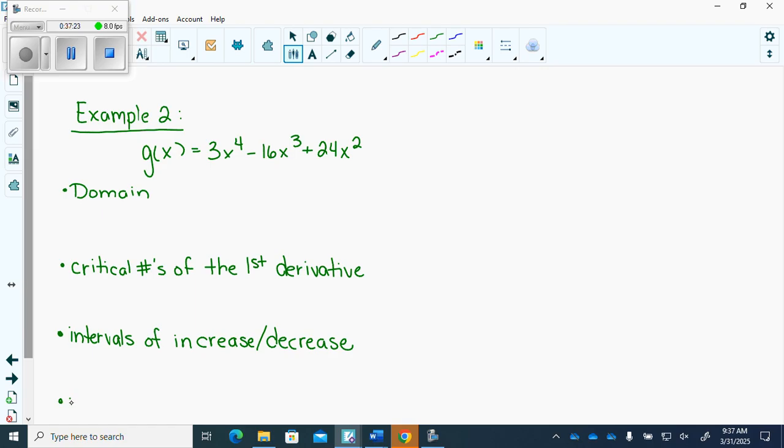I want max mins. What else do you think I want? Critical numbers of the second derivative, which give me what?